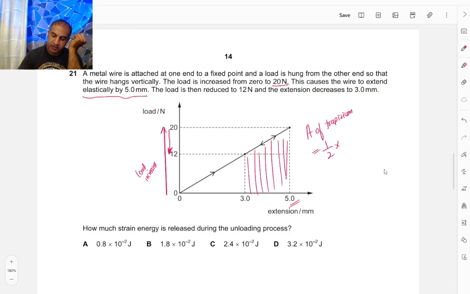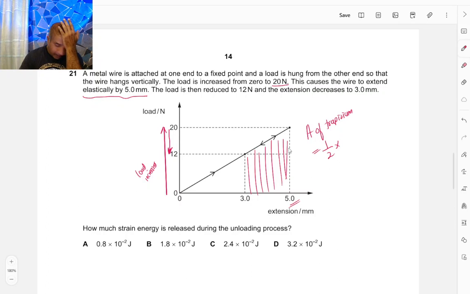So that is going to be, let me just look at this thing, because obviously we have to take the average value of this load and then we multiply it by this. So no.